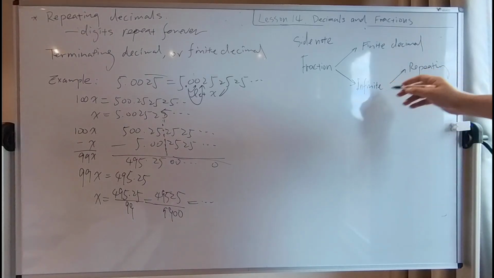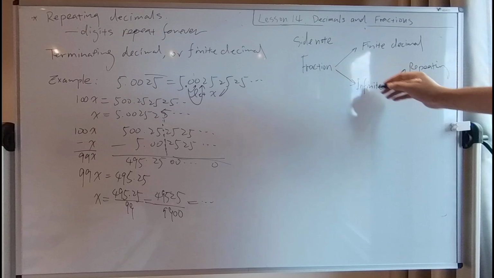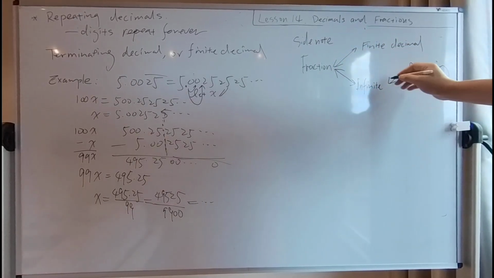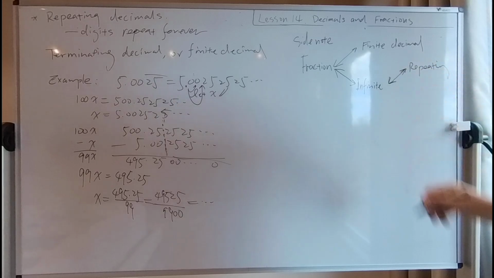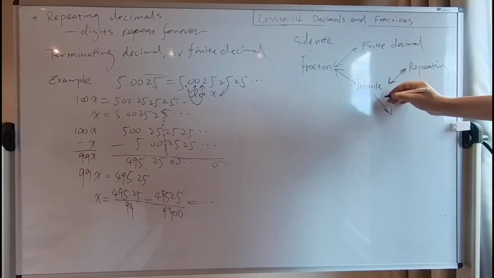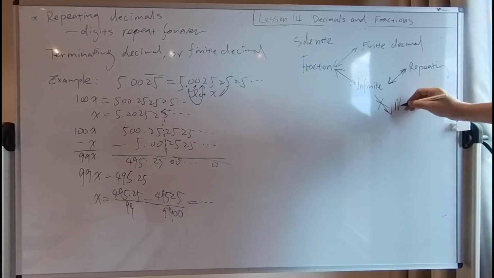So if you are infinite and repeating, you are still able to convert this into a fraction, right? So they are all convertible. I put two arrows here, meaning convertible. But there is one case that is not convertible: infinitely many and non-repeating.